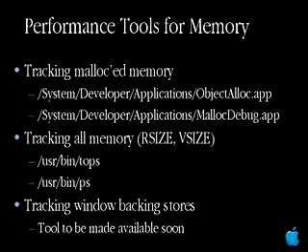So the performance tools to track malloc memory, there's ObjectAlloc and MallocDebug. I believe we'll show you ObjectAlloc in a few minutes. To track all memory, meaning everything an app might be touching, that includes all the shared frameworks, etc., there are tools like top and ps, which you run on the command line. Now, if you run these and you see vsize, which means virtual size, you might at first be shocked.